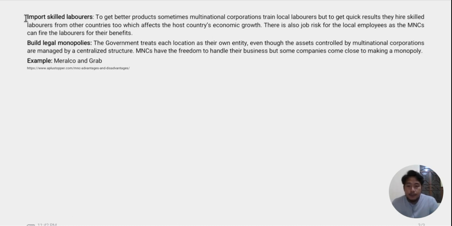So that's one of the downsides of having multinational enterprises in the country. Okay? So that would be it for the global interstate system.